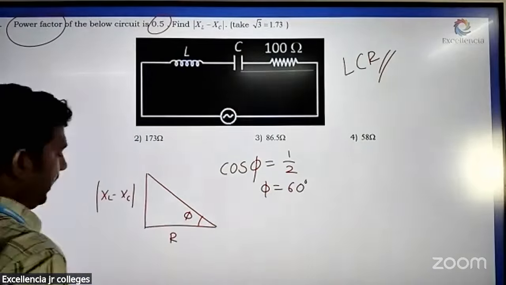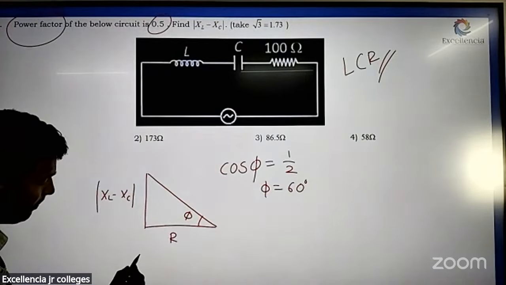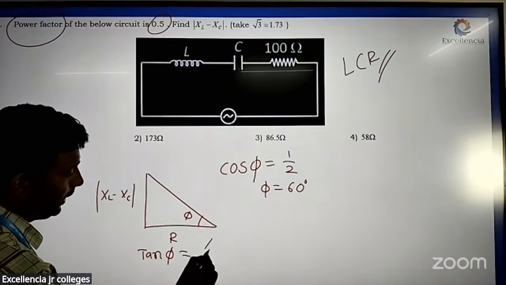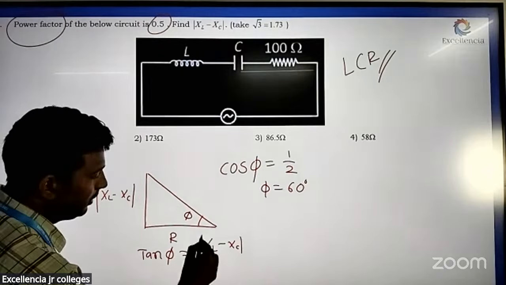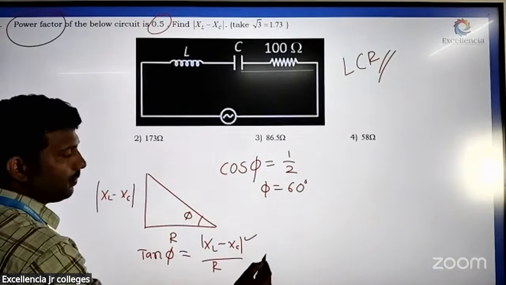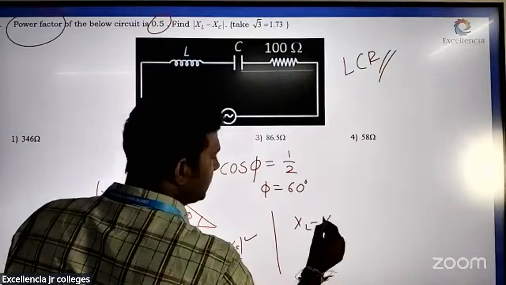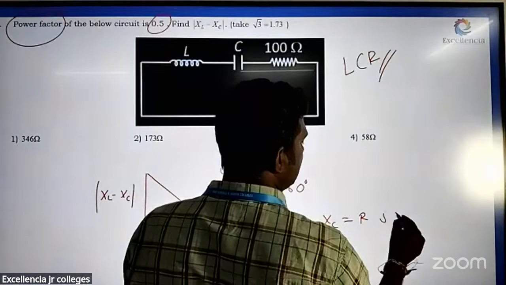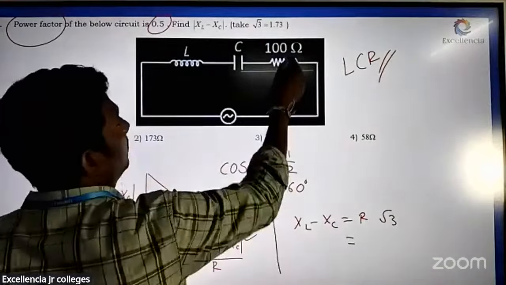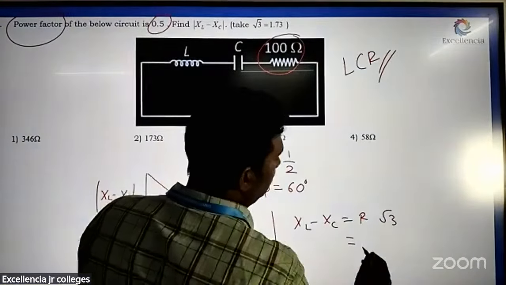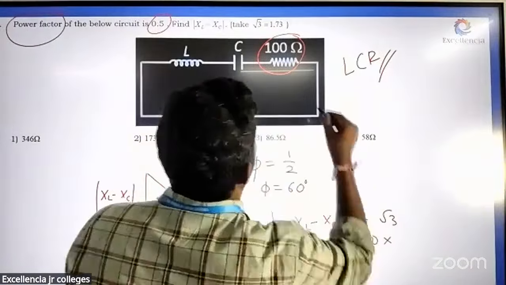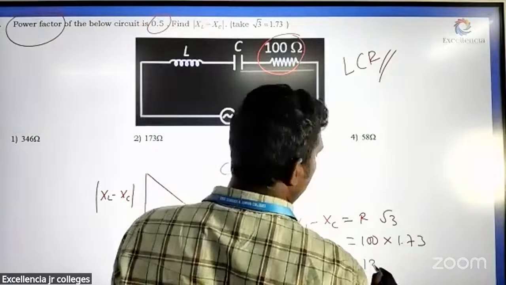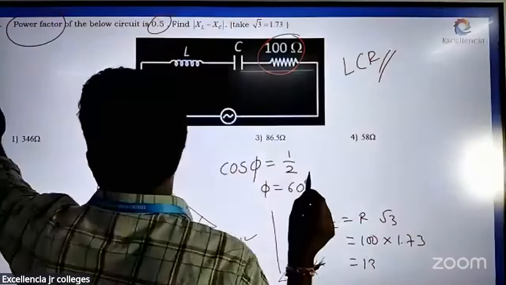So now students, from this, tan phi equal to XL minus XC by R. So they are asking this quantity XL minus XC equal to R into tan phi. Tan 60 will be root 3. What is the resistance value they given? 100. 100 into root 3, whose value is 1.73. So 173 is the answer.